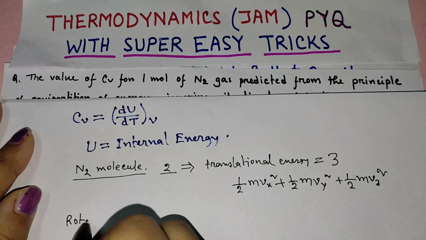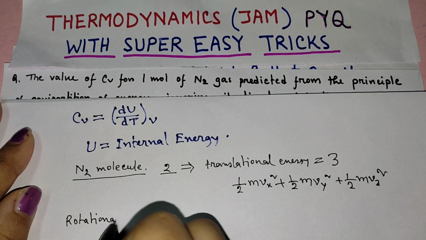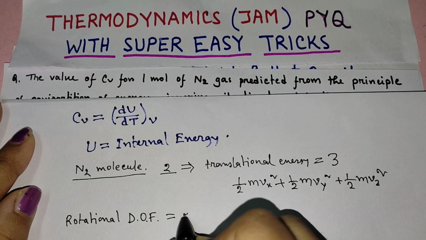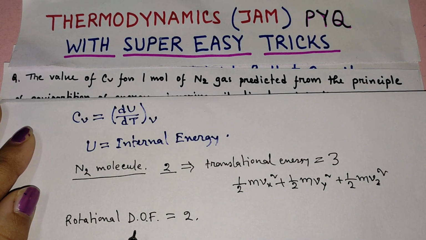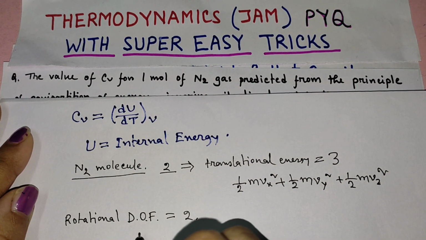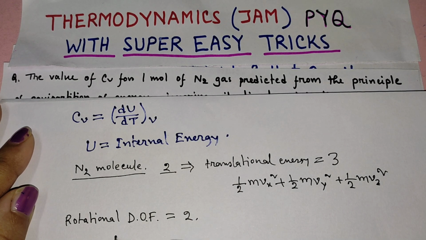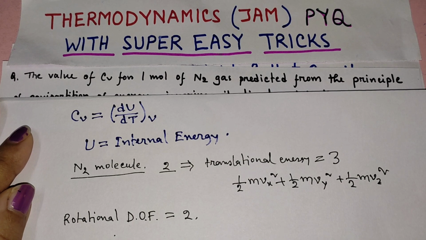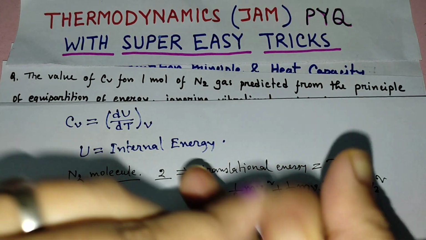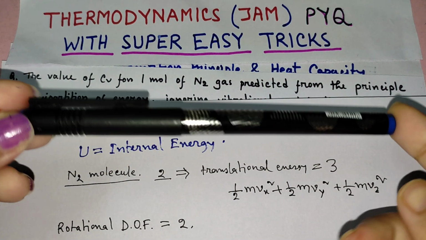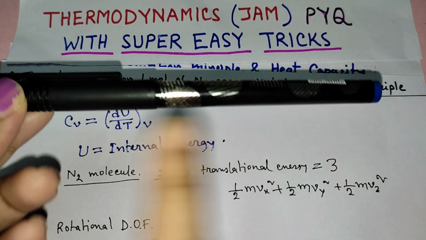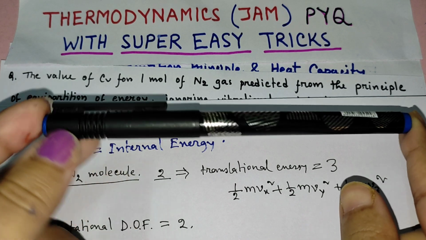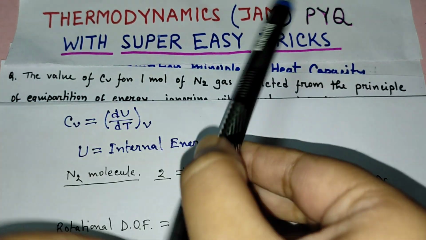Rotational degrees of freedom will be 2. Why 2? Why not 3? Because if this is a diatomic molecule, with one end here and another end here, its rotation should be like this.